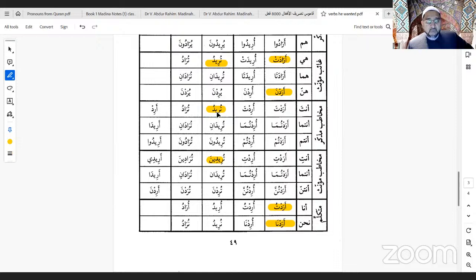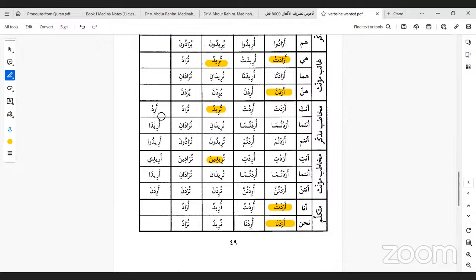When you drop the ta, make the last letter silent. The ya is silent and the dal is with a sukoon. Again, iltaqa'u sakinain. The ya is dropped. And because this is a four-letter verb, the past tense, arada, the alif there, comes back in the command, and it becomes arid.